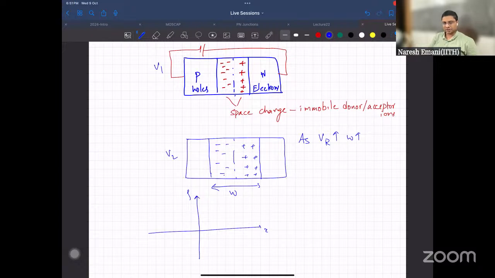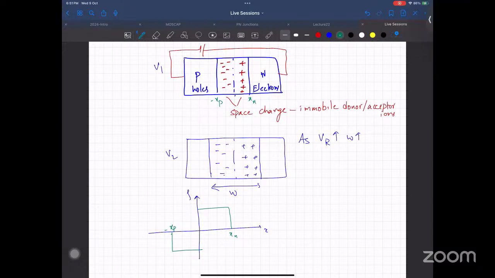How does the charge look like at V1? Till 0 you have a negative charge on this side, and here you have a positive charge. Let's call this XN, and this is minus XP. This is how the charge profile looks like, isn't it?